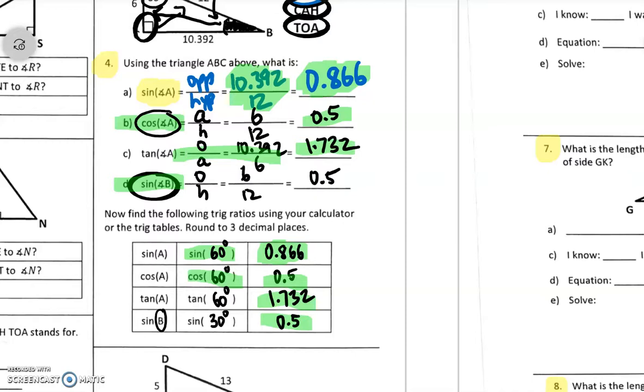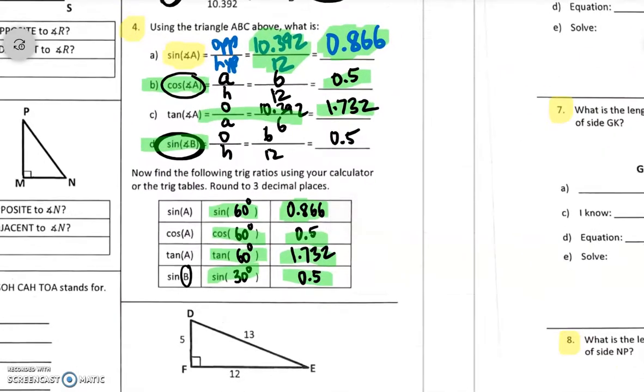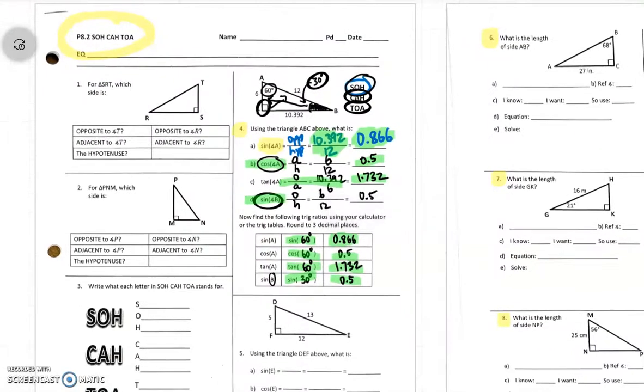And finally, the sine of 30 degrees, angle B, and that's the same as well. So we're getting you to see that these ratios are simply, for example, anytime you have a 60-degree angle in a right triangle, the ratio of the opposite side divided by the hypotenuse, which is the sine ratio, will always be 0.866. So that's hopefully what we're getting you guys to connect and realize there, that type of problem.